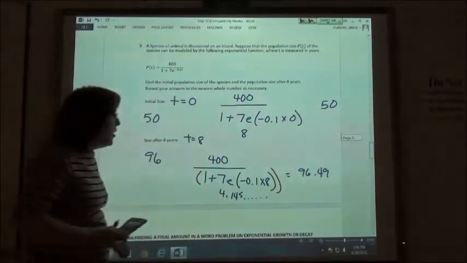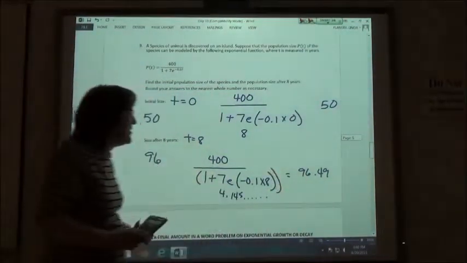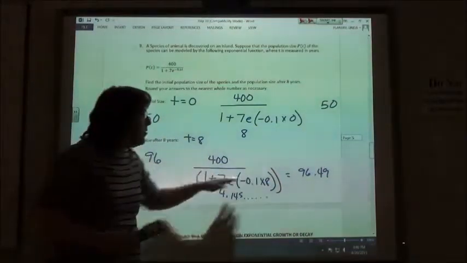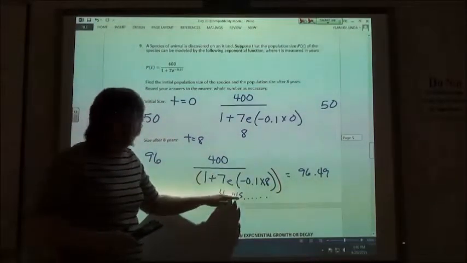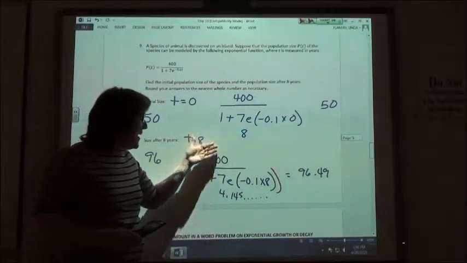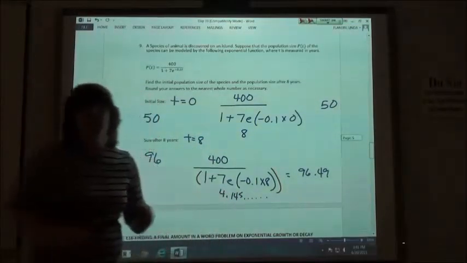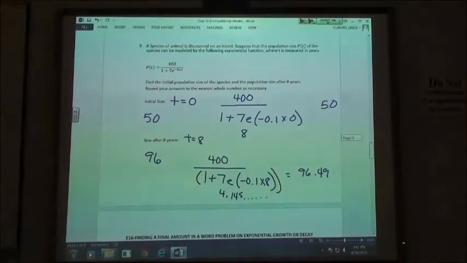So if you want to do it all at once, then you need 2 sets of parentheses because you need to group the denominator separately. Otherwise, you need to find the denominator answer first and then take the 400 divided by the answer and get your answer that way. Either way should work.